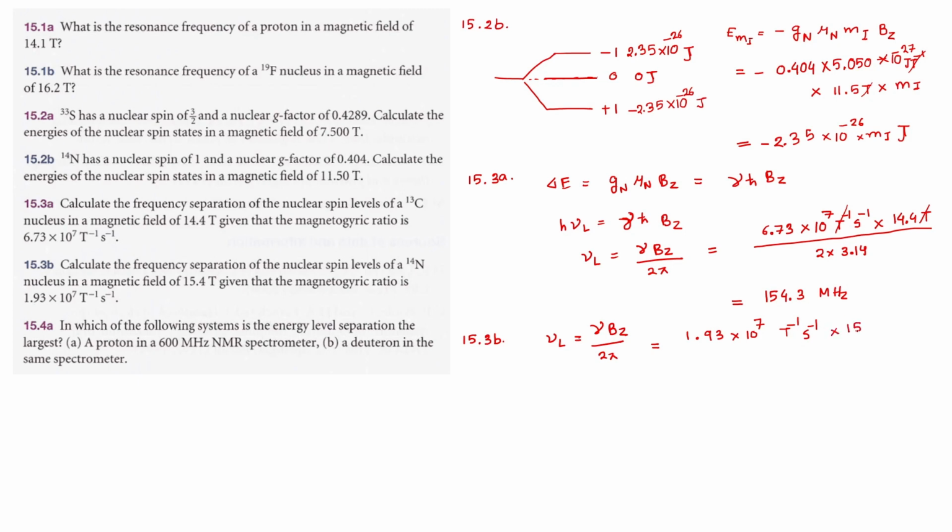Now into 15.4 Tesla divided by 2 into 3.14. 15.4 is the thing, and the answer is coming to be 47.33 megahertz.